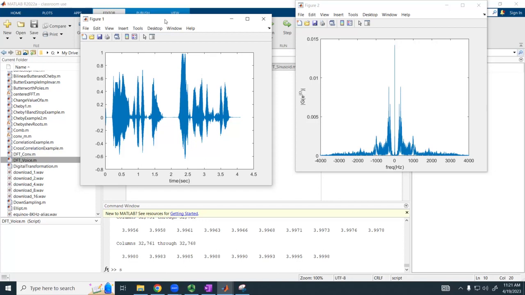Now, because this signal is sampled at 8 kilohertz, then the range that I'm going to plot the spectrum for is going to be from negative 4,000 to 4,000. Does that make sense, everybody?